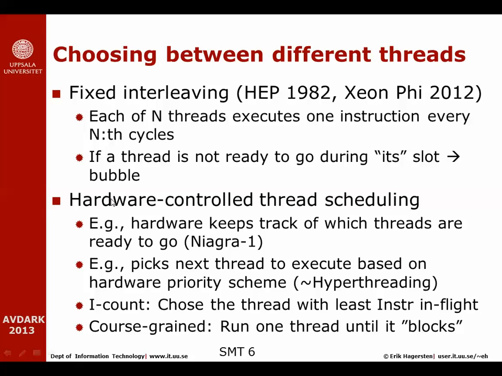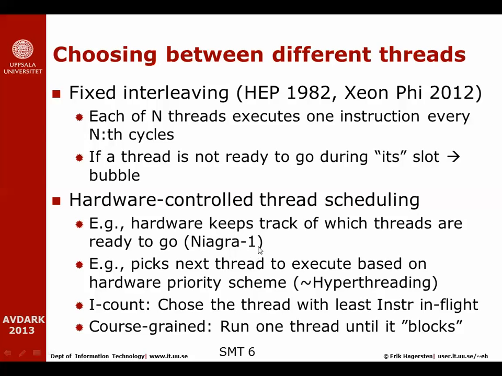Recently, there have been many more intelligent ways of scheduling threads in these multi-threaded pipelines. And they are often hardware controlled. In the early days, some of them were software controlled. We're not going to discuss that in this course. So an example of hardware controlled thread scheduling is that the hardware can keep track of which threads are ready to go. So let's say, like in Niagara, you can support many threads, 4 threads, 8 threads, 16 threads, depending on which architecture.